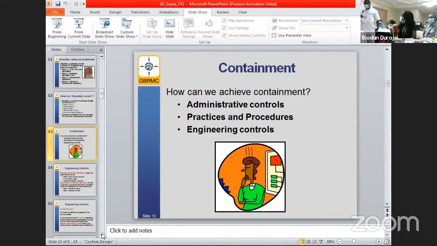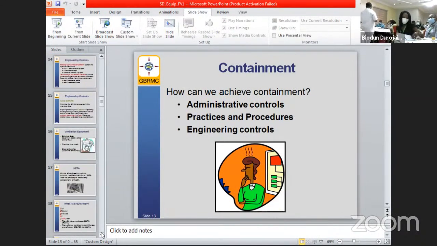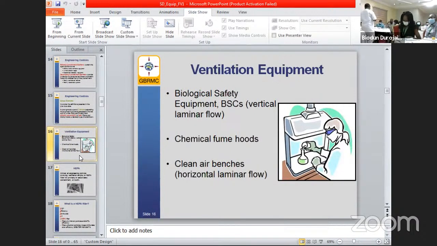Now, I would want us not to go through this exercise, but we can go on to ventilation equipment. Okay, that is why it is good for us to have these charts. What happened?